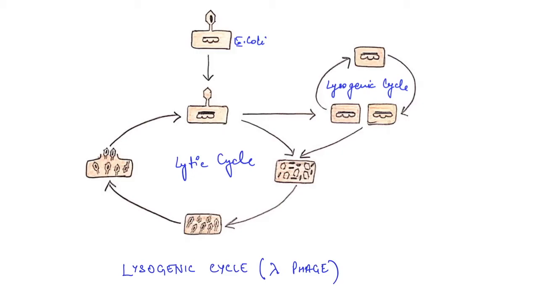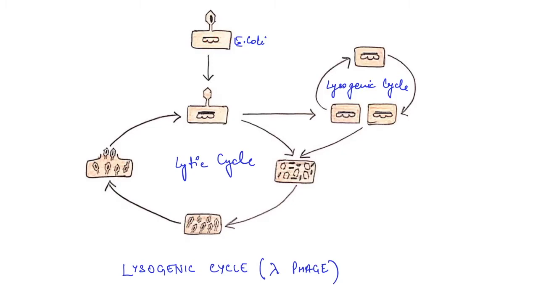Okay, so now here what happens is the phage does not attach a tail fiber, but the tail completely comes in contact with the host cell. It drills a hole in the wall and injects the phage DNA into the cell.